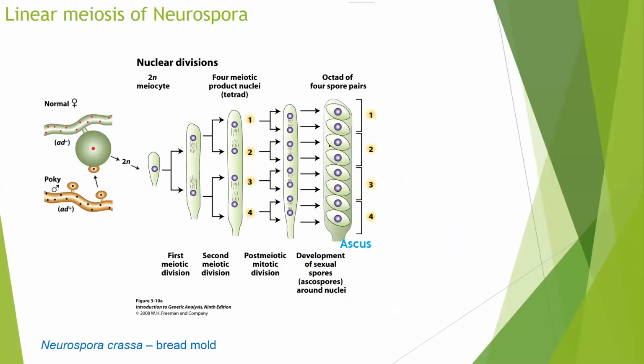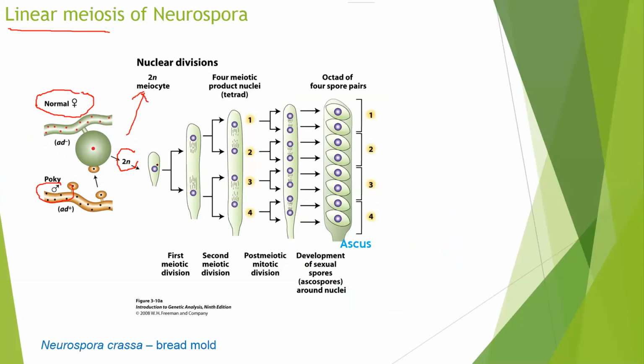So why is this model so beautiful? Because it can produce a so-called linear meiosis system. Because this is a haploid, only one N, right? If a female parent is mating with a male parent, they are going to form a transient 2N, which is called the zygote.